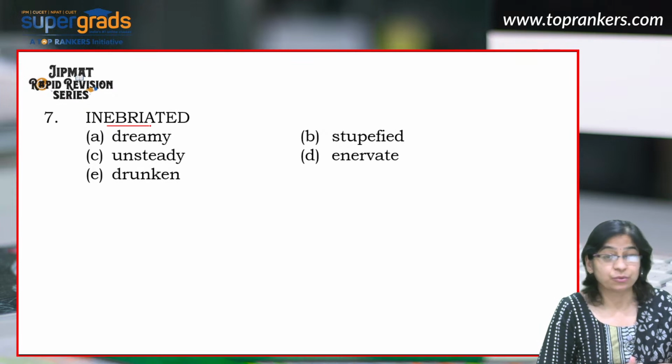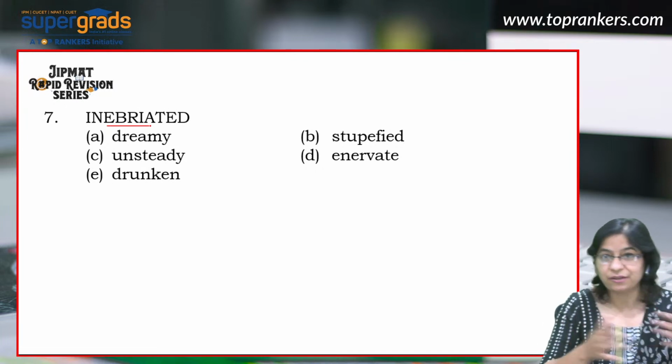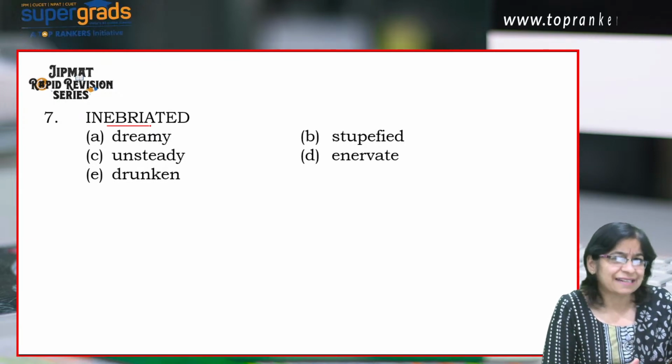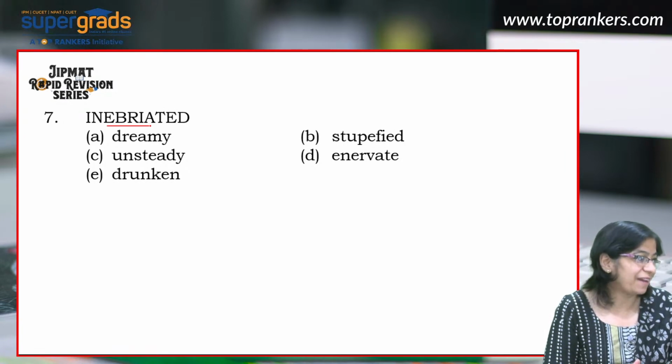Now the options that I have for you are dreamy. So do you think this person who's not in his senses because of the consumption of alcohol is dreamy? Is he unsteady? Because he's kind of shaky. He's not sober. He cannot even stand properly. Is he drunken? Is he stupefied? Or is he enervate? Okay, I've got some of the answers already.